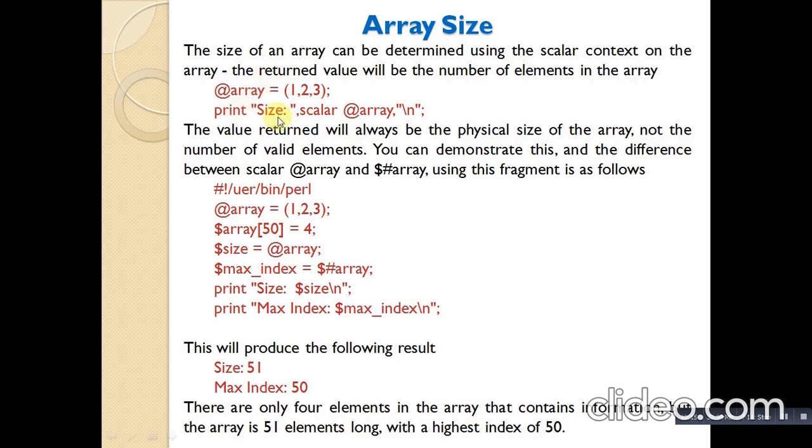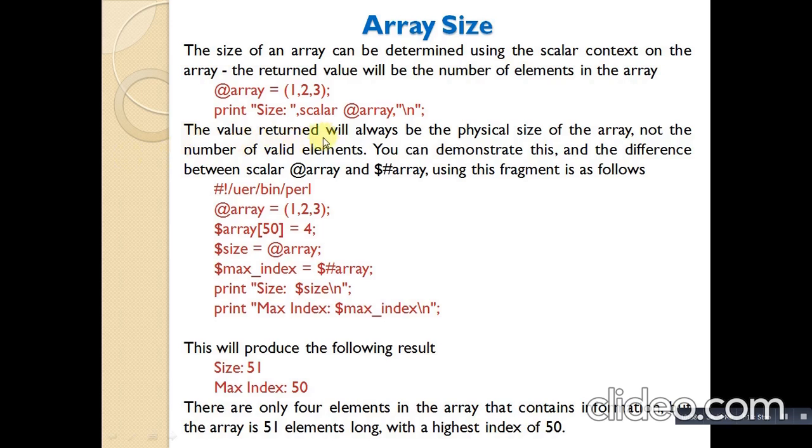If we print "size:" in double quotes, it is a string, so it prints as usual on the output screen, followed by scalar(@array), which prints 3, because there are three individual values.